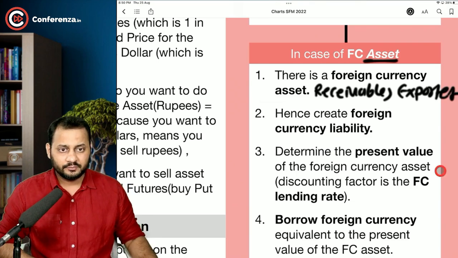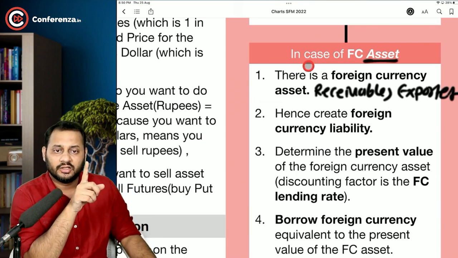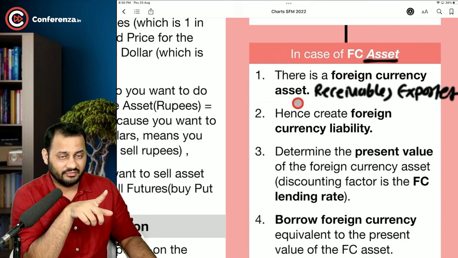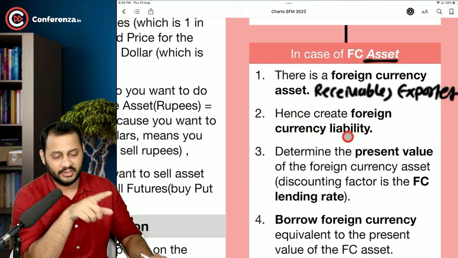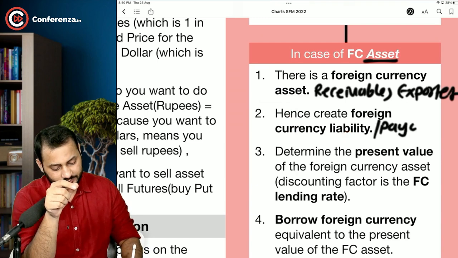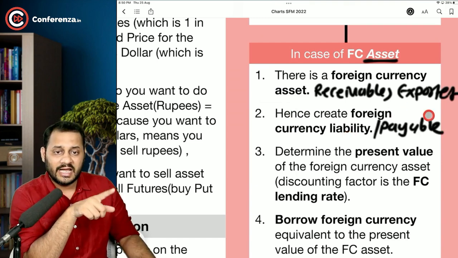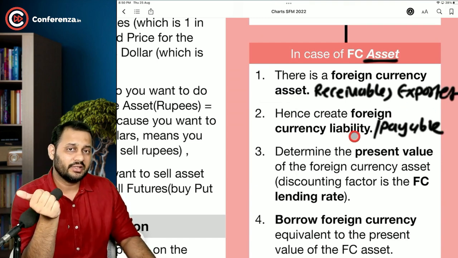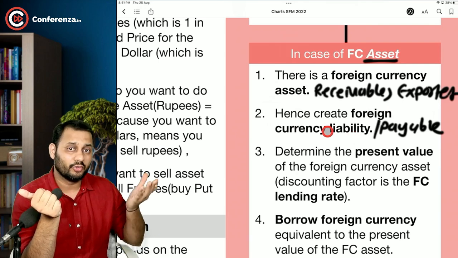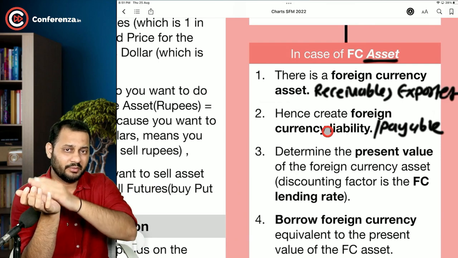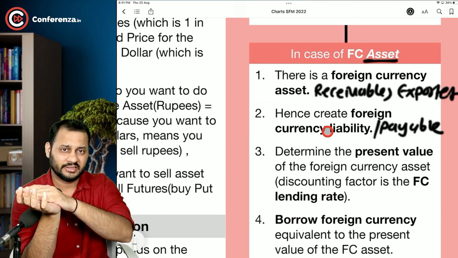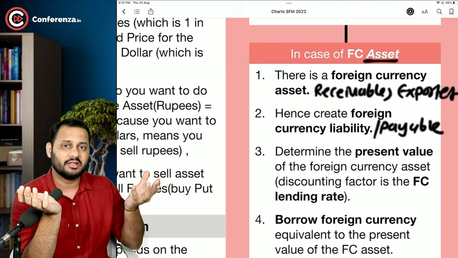So if we are having a foreign currency receivable or asset, we will create a foreign currency liability, or we can say payable. So that liability after 6 months can be created only when we borrow today, right? Why would we have to make the payment to someone after 6 months? Only when we have taken the money today.